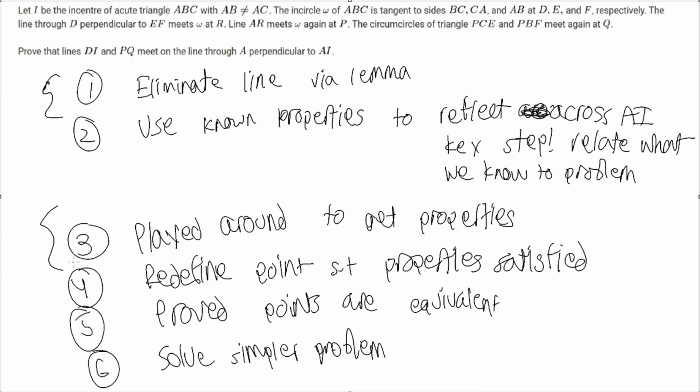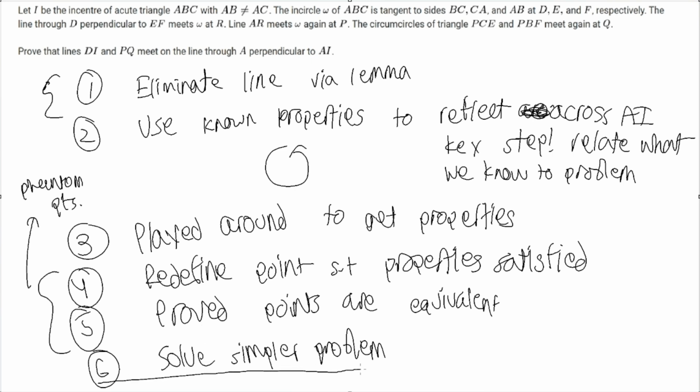And then after that, these two steps here are what are called phantom points, where we intersect one thing with another and we show that the 2 points that we get are equivalent. And then finally, this last one here is just a simpler problem. And we could have just looped this process over and over again. Like step 6 could have led to another step 2, and so on and so forth. But it just so happened that step 6 finishes the problem because it was just an angle chase.